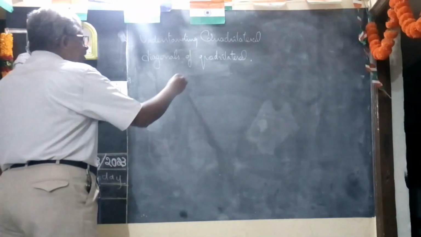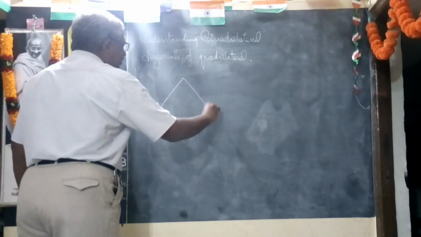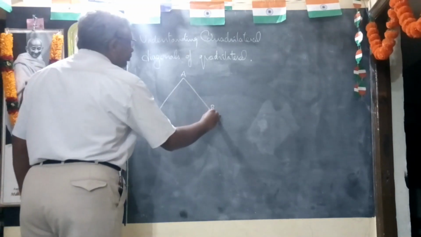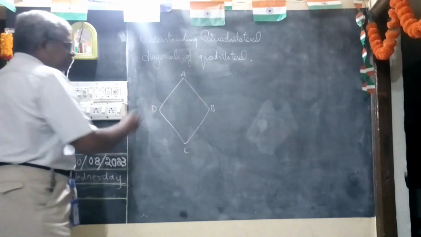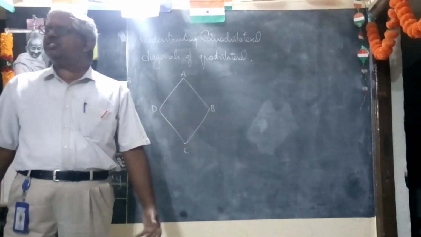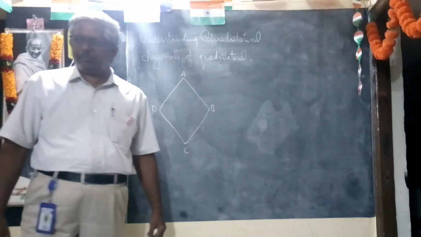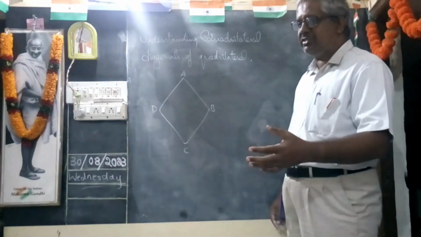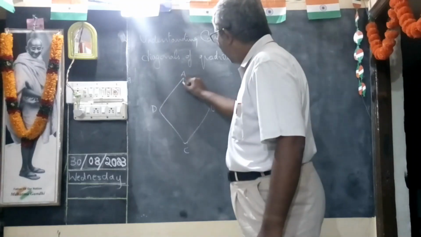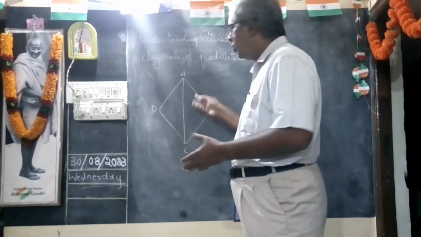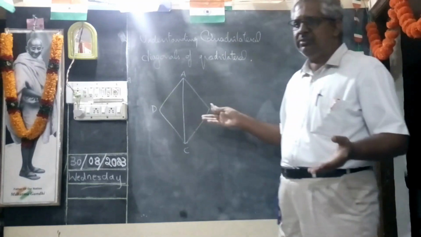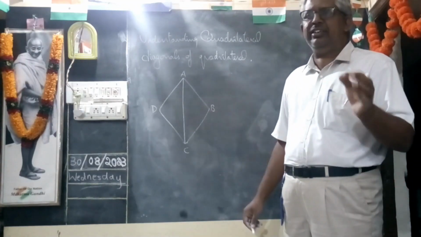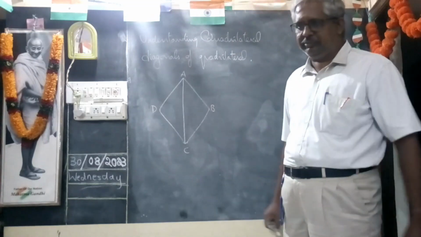How is it? I have a quadrilateral of this type, A, B, C, D. Then what is a diagonal, sir? Any line drawn to the opposite vertex, that is A to C, there is a possibility that I can draw a line, and that line is a diagonal of the figure.